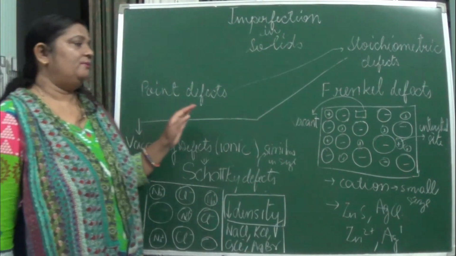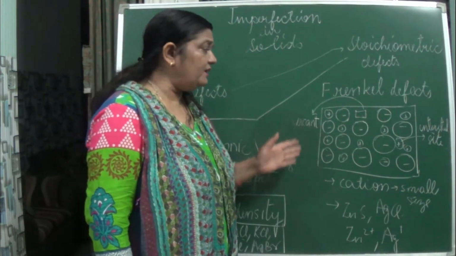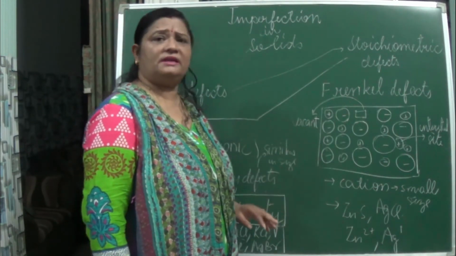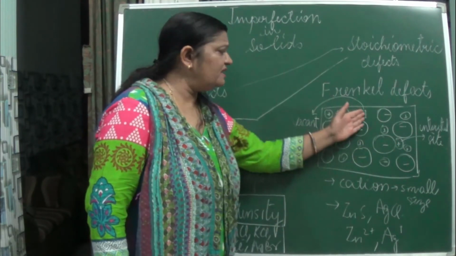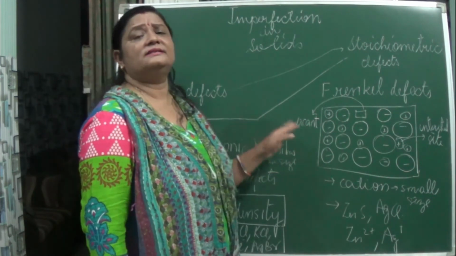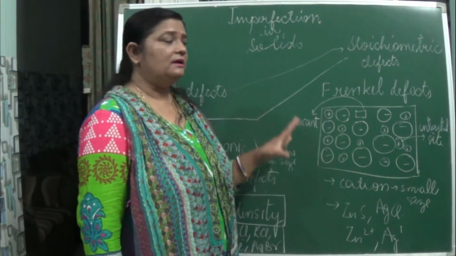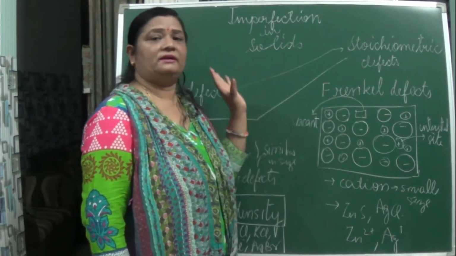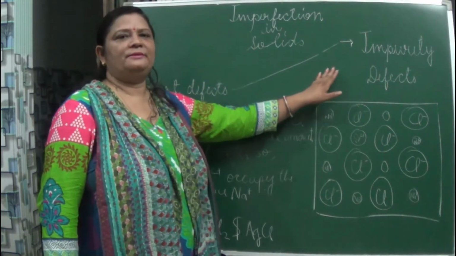But when we talk about the density, will it change? Here the vacancy has been created, and here the ion is in the interstitial site. Naturally it has just moved from here, so there is no effect on the density. Density remains similar and the charges also remain similar. Here also it is electrically neutral. Coming to the second defect, that is the impurity defects.